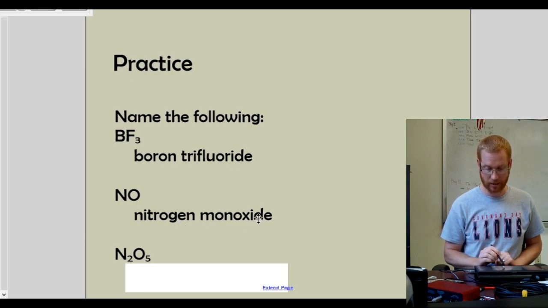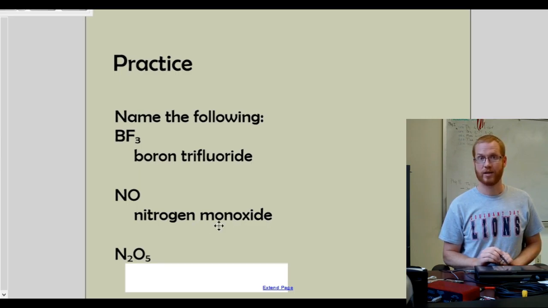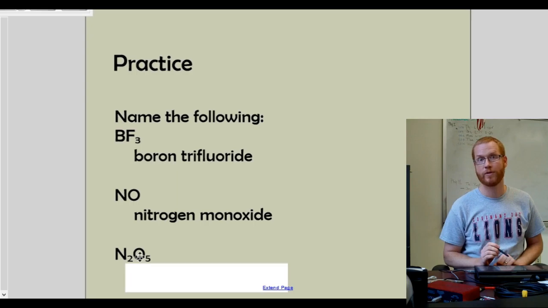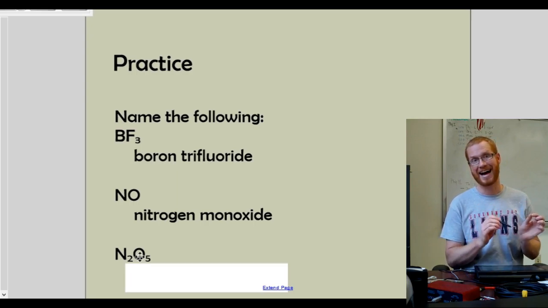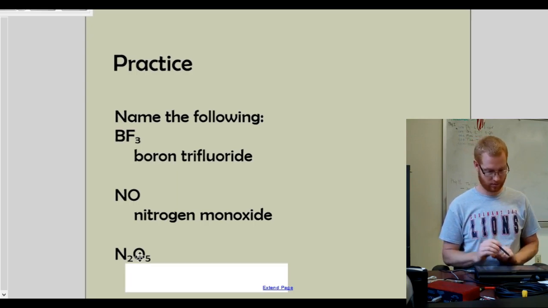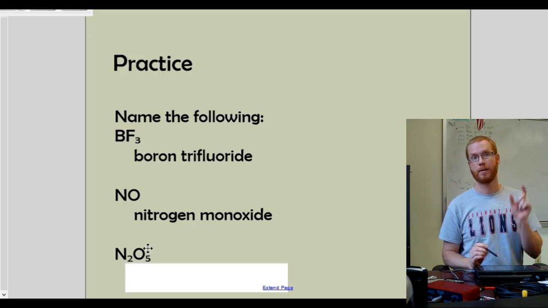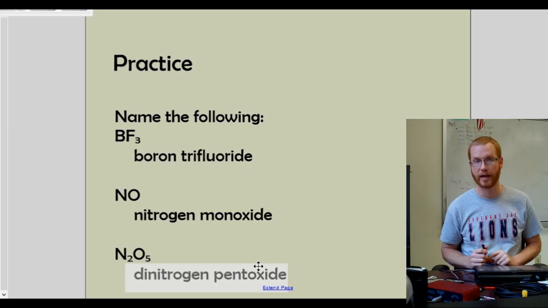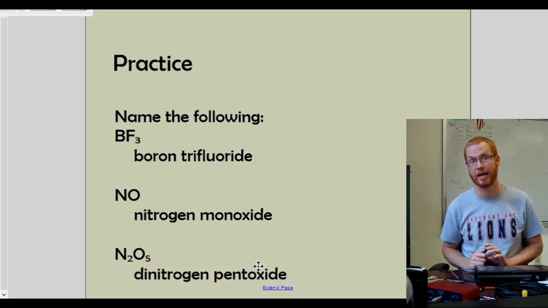Second name will always end with "ide." And the second element will always have a prefix on it. First one, not necessarily. All right, N2O5, 2 nitrogens, dinitrogen, 5 oxygens, pentaoxide or pentoxide. Dinitrogen pentoxide is the name of that compound.